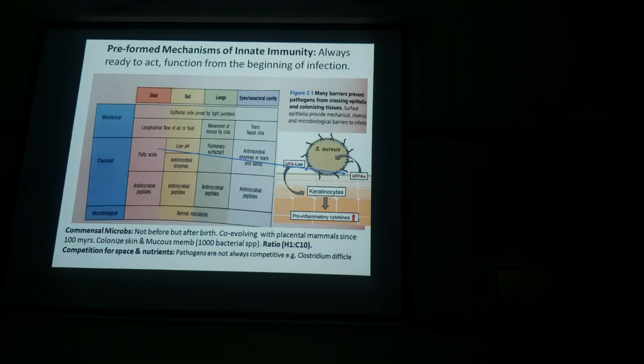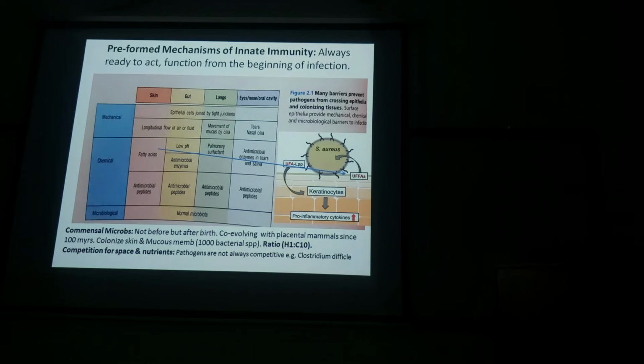But if there are more of these commensal microbes on the skin or mucous membrane, they are going to consume all the nutrients, not leaving enough for the pathogenic microbe to survive or thrive there. And in this way, they can also protect. They are not going to give space to these microbes to enter into the tissues of your body.